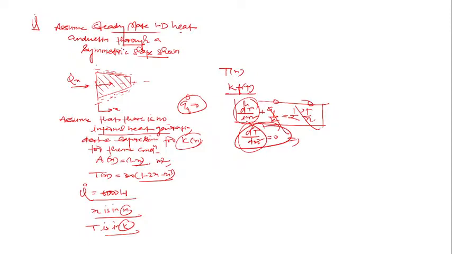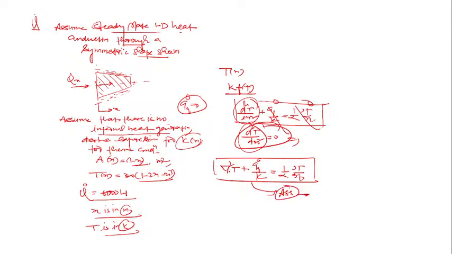Mr. Santan, have you watched all the lectures? Sir, one dimensional, obviously everything is one dimensional, whatever we discussed so far. The general differential equation that I derived, del square T plus Qg dot upon k is equal to 1 by alpha into del T upon del t, has a restriction, an assumption of what?